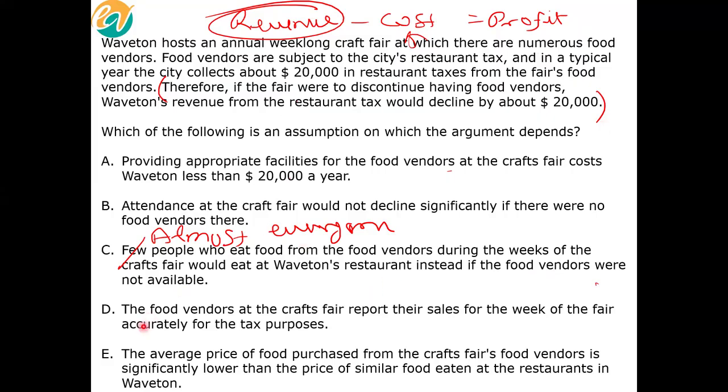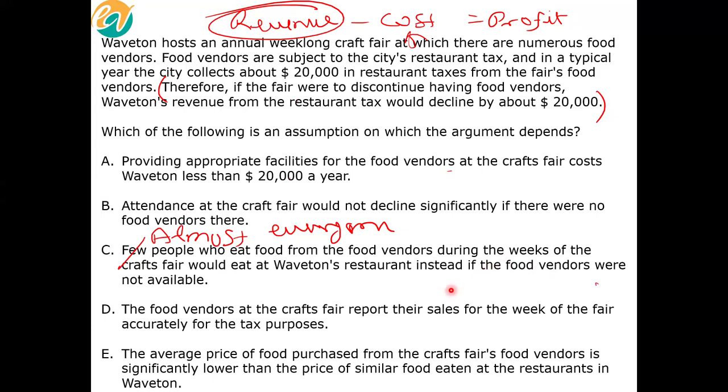Right? Finally, let's look at Edward. The average price of food purchased from the vendors is significantly lower than the price of similar foods eaten at the restaurants in Waveton. This would not in any way affect the conclusion.